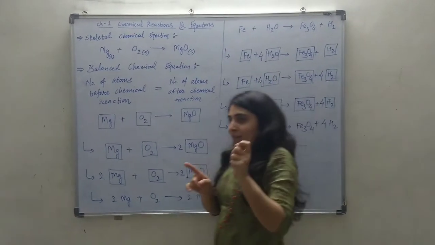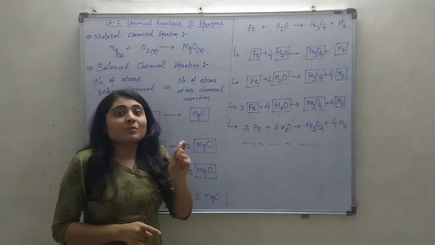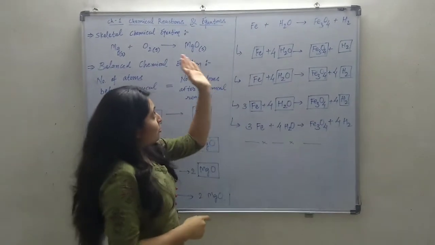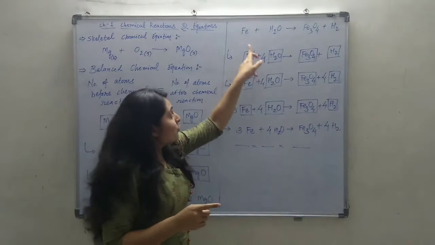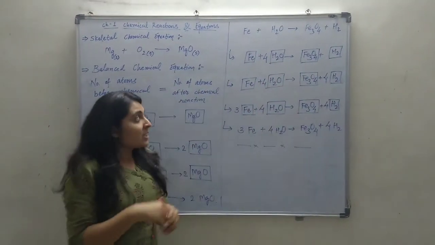So keep in mind that the atoms which are in elemental form can be kept last to balance. So first our step is to draw the box around each chemical formula.